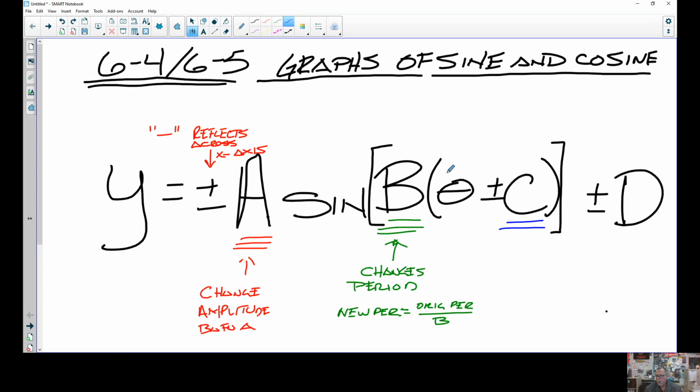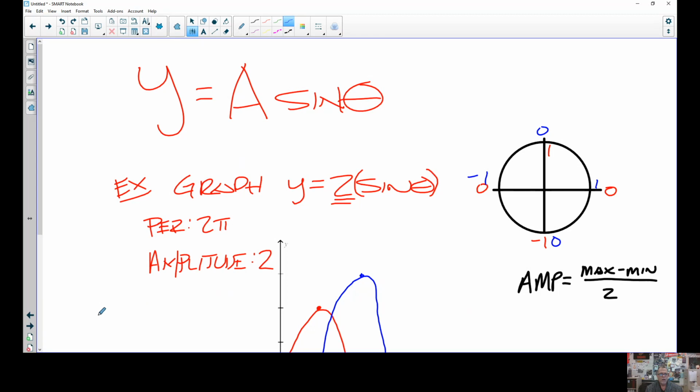Inside a function, what always happens when we had something like y equals the absolute value of x plus 2, that moved it left and right, right? Same thing here. All right, let's go to C values.